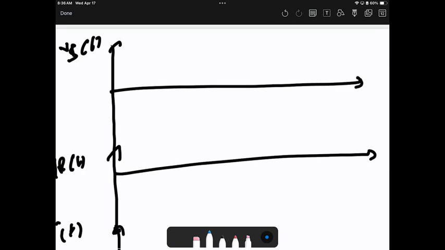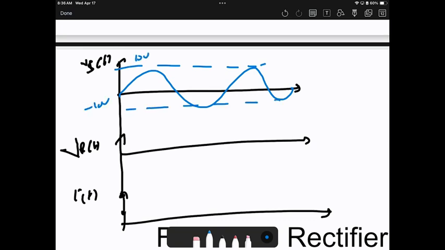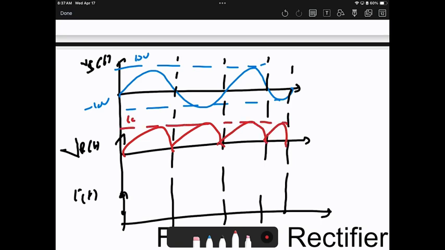So Vs of t, like this, between plus 10 volts, negative 10 volts. So what will happen when we have full wave rectifier? It will be the absolute value. So this will make it positive, positive, positive, positive. And the amplitude is 10 volts.